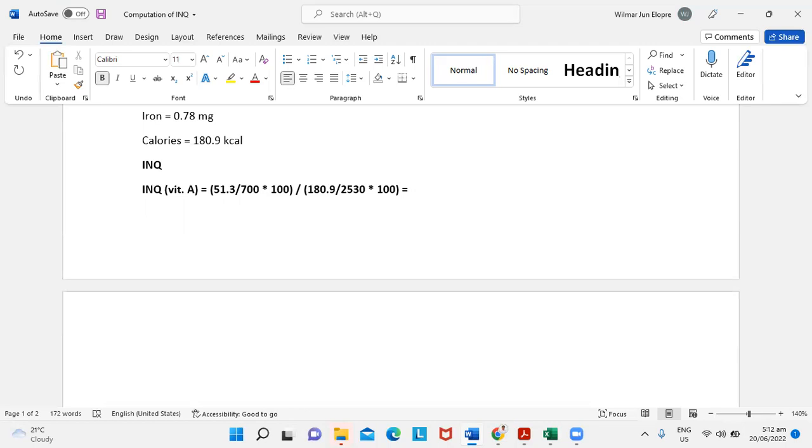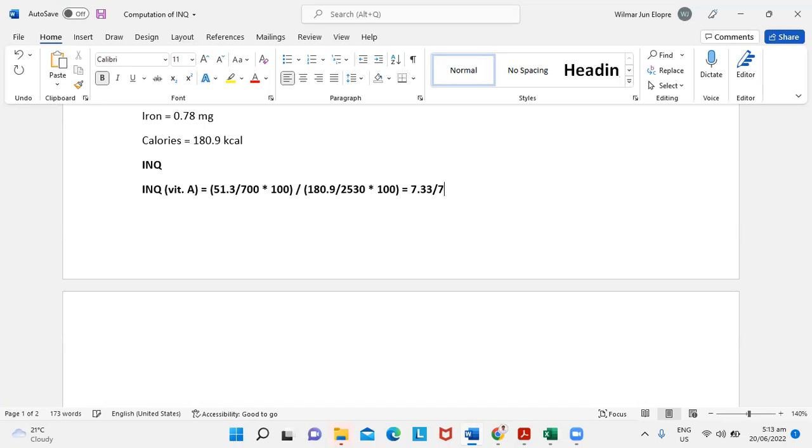Okay. Sige, 51.3 divided by 700 times 100. So that's 7.33. Okay. Again, ang rule na to sa kaning subject is i-round off na to ang decimal places into 2 places. Okay? Sige. Tapos, divide na to sa percent TR, 180.9 divided by 2,530 times 100.